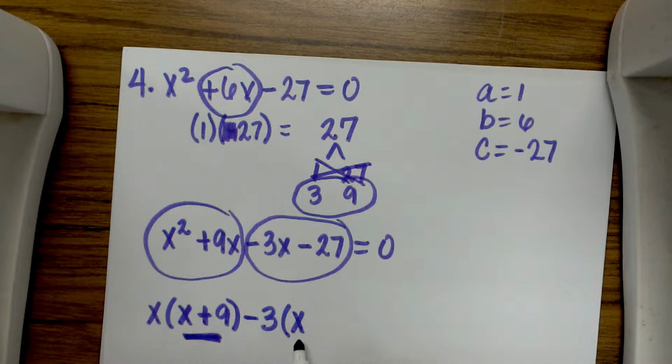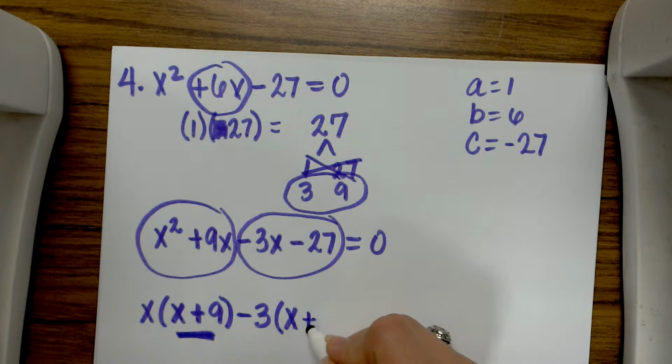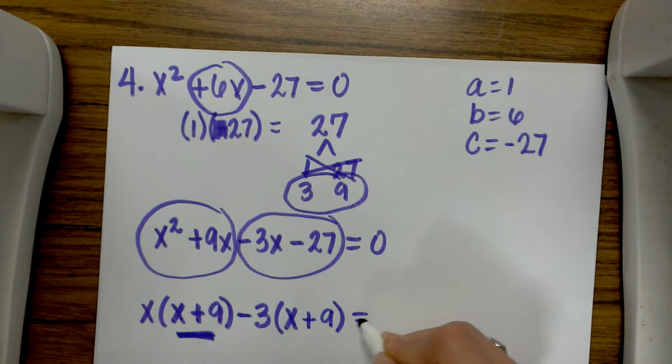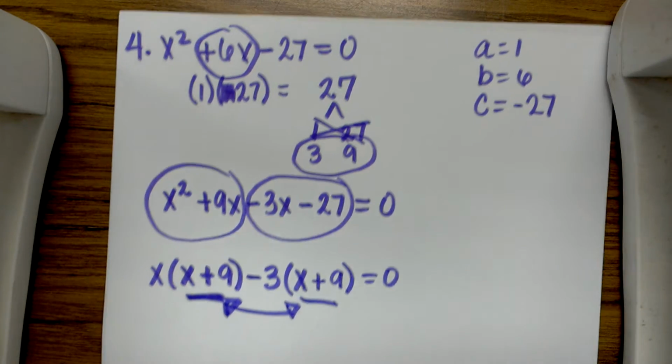If it was a negative x, a negative times a negative would not give you a negative. That's why we pulled out a negative 3 and made this positive. So, if we pull out a negative 3 from negative 27, we would get plus 9 is equal to 0. Are these the same? They sure are. So, that's our goal, to get those to be the same.